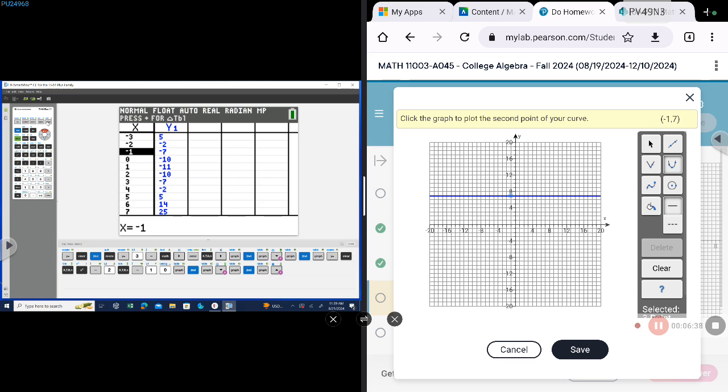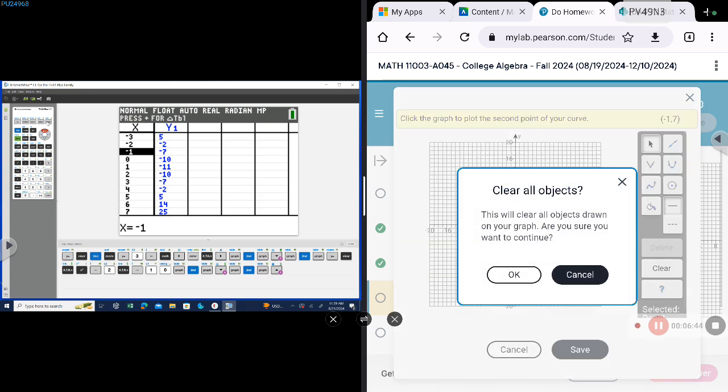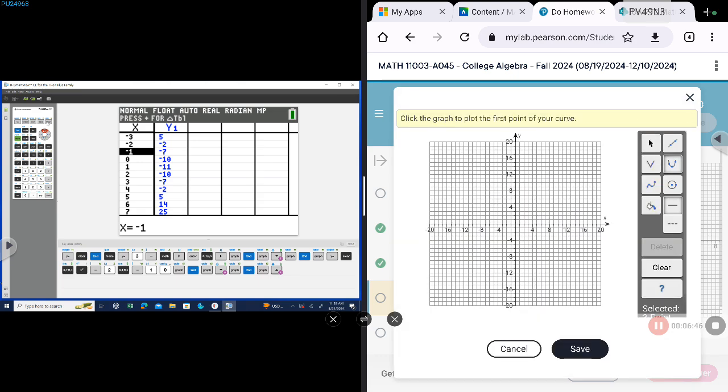Oh, whoops, that's wrong. That should be negative 1, negative 7, not negative 1, positive 7. So I'll just clear it, start again. Negative 1, negative 7 is what that needs to be. If I could get my MATLAB to do what I want. Negative 1, negative 7.